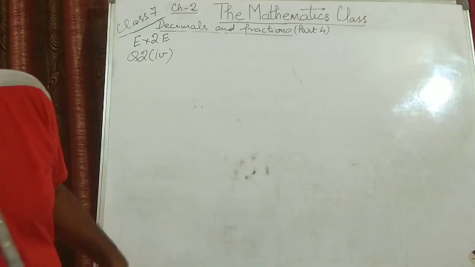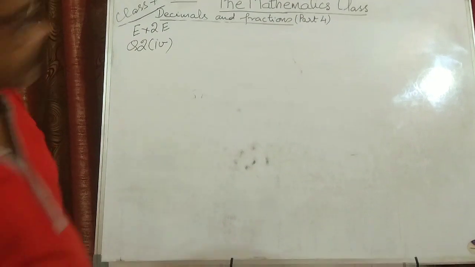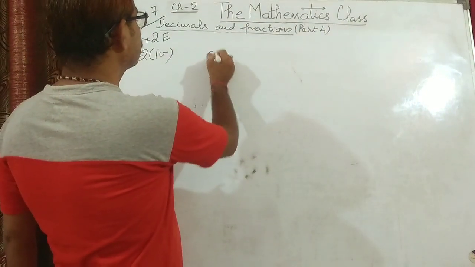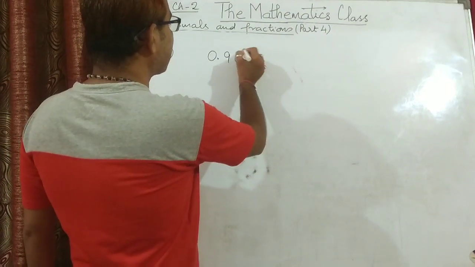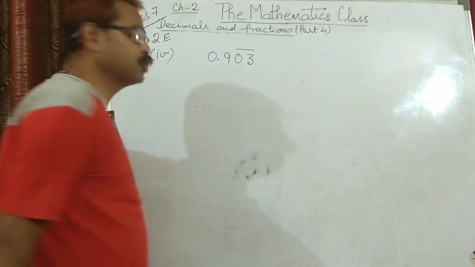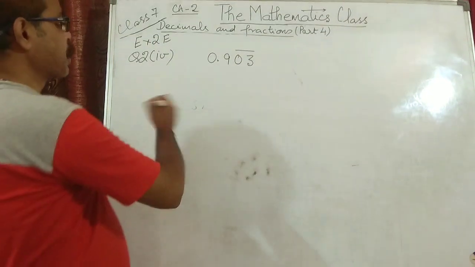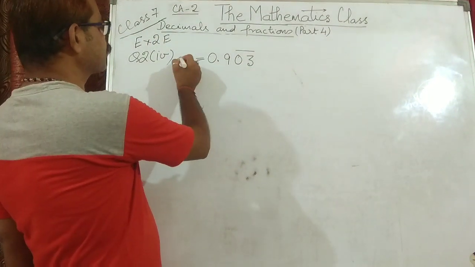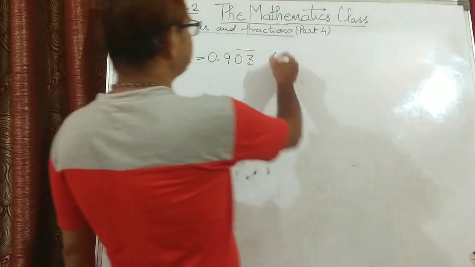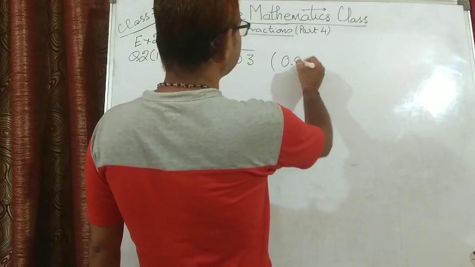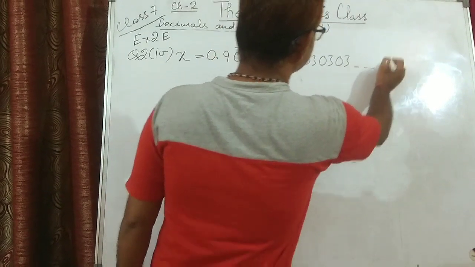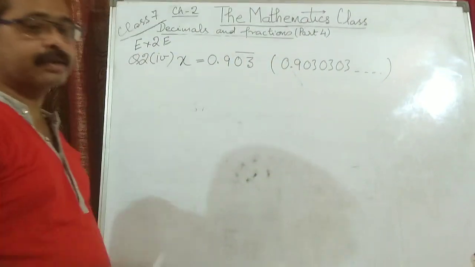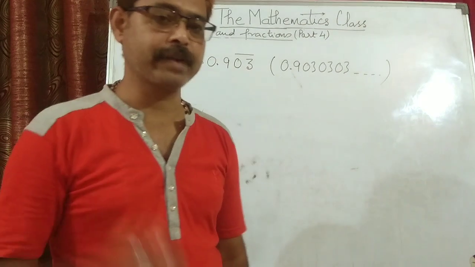The question is 0.903, and I think the bar is on 0 and 3. First of all, let us assume that x is equal to this, which means the number is 0.9030303 and so on. We have to write this in the form of a fraction.